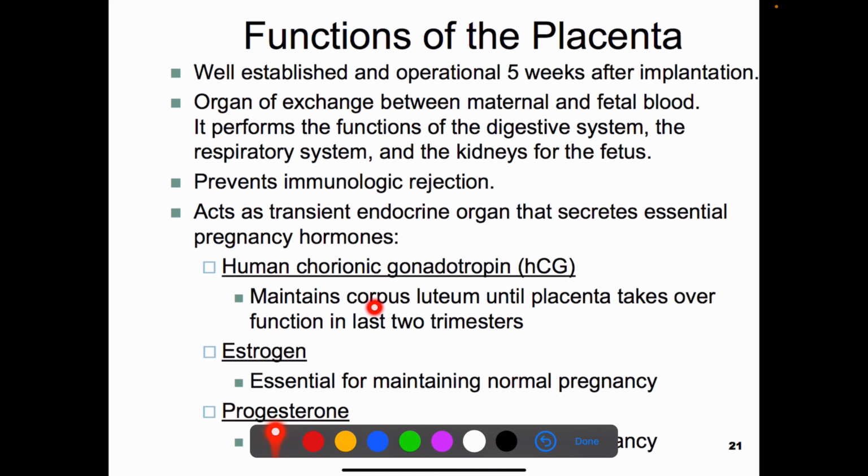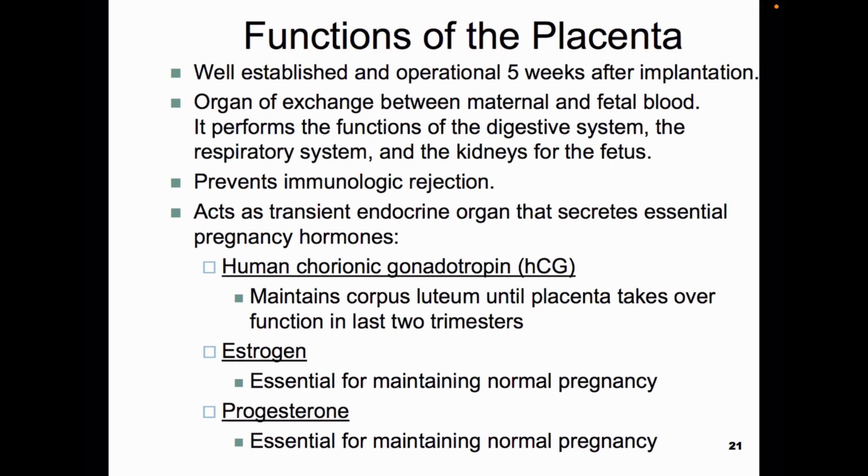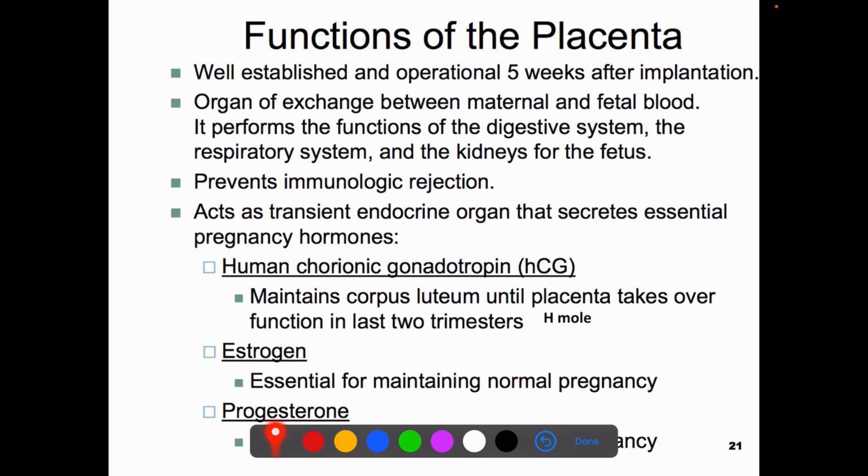That is called the corpus luteum of pregnancy, and the initial one is called the corpus luteum of menstruation. The excess level of HCG is seen in hydatidiform mole, so HCG level can identify the hydatidiform mole.